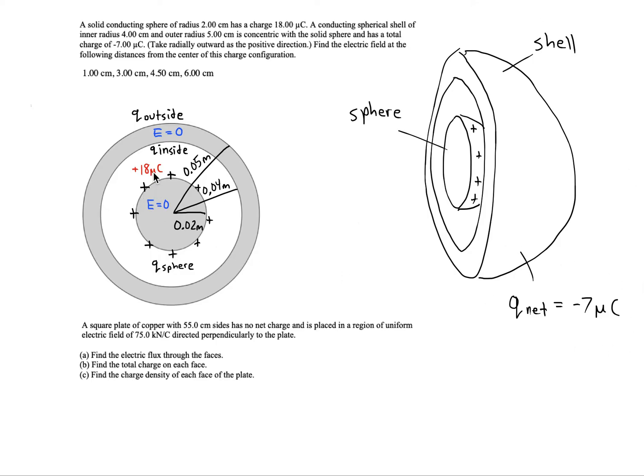So we'll find that the positive 18 microcoulombs on this sphere will actually attract 18 microcoulombs of negative charge on the shell's inner surface. So the Q of the inside of the shell will equal the opposite of the Q of the sphere.